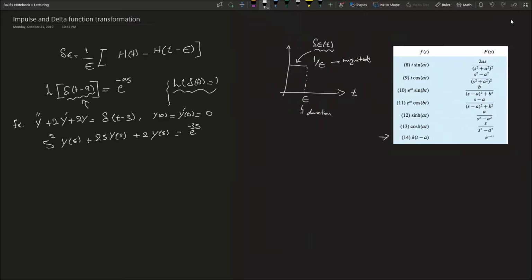In this case, e to the power of minus 3 multiplied by s. Okay, solving both sides of the equation, we're trying to find the y of s.